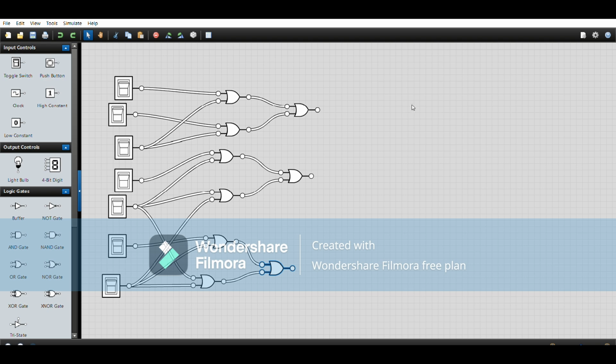the next thing we are going to see is about encoder. Encoder is a combinational logic circuit which takes 2 power n input lines and encodes them into n output lines. Let us see its implementation.